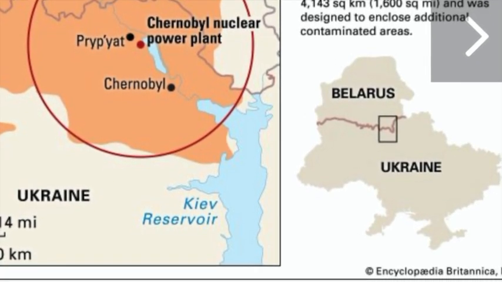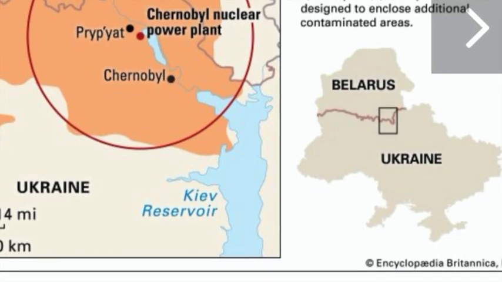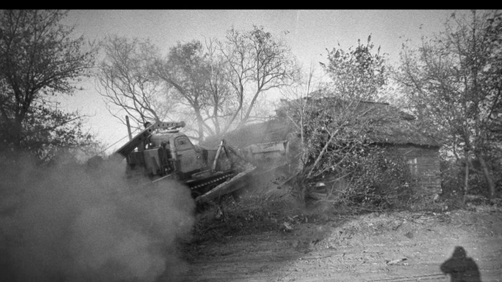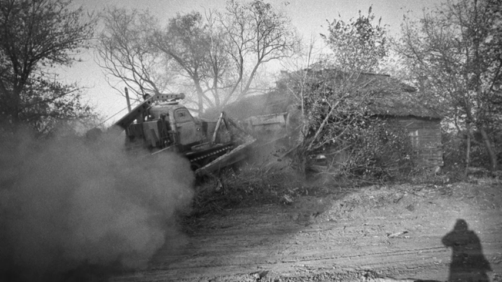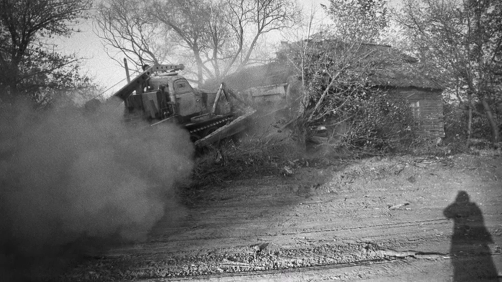And some people actually snuck back and started to live there again. The things they did to keep the radiation in was astounding. Here's a bulldozer. They bulldozed quite a few villages, and they pushed down all the buildings and all the trees, and they buried all the buildings and all the trees in the contaminated zone.